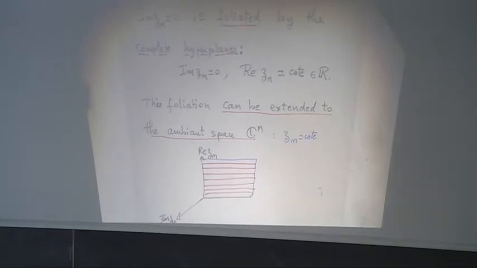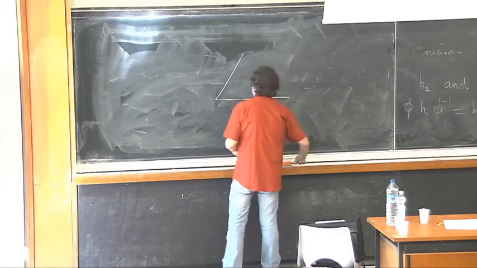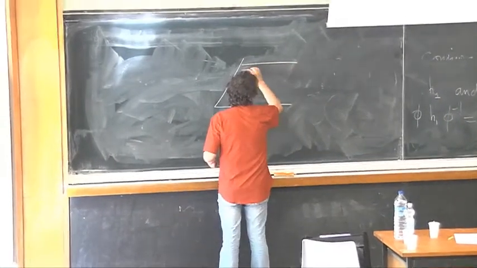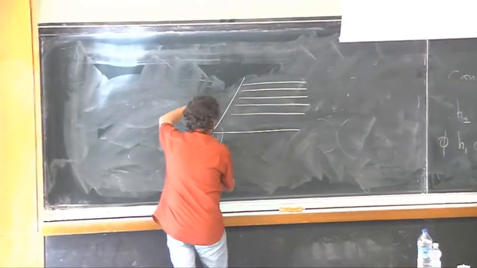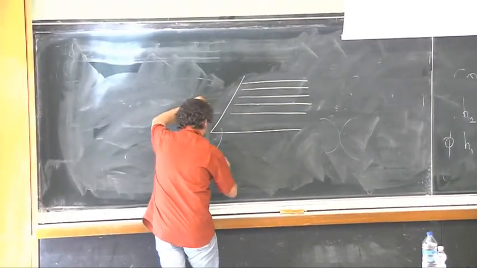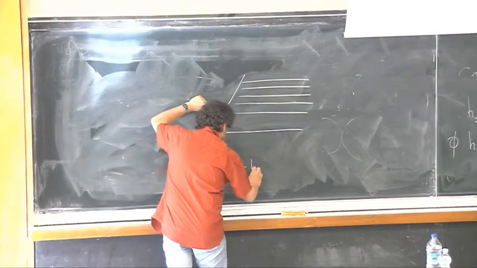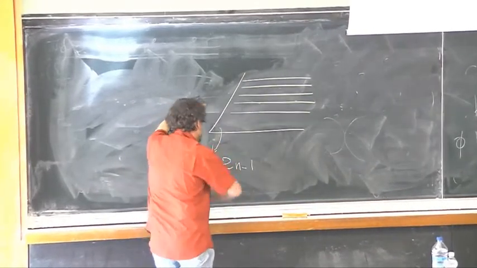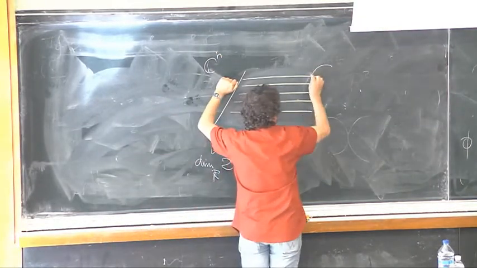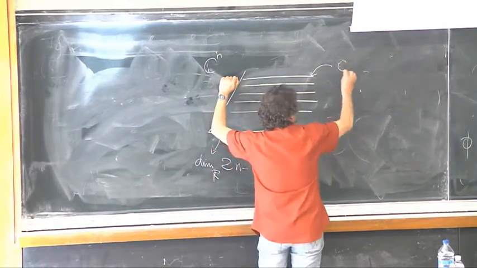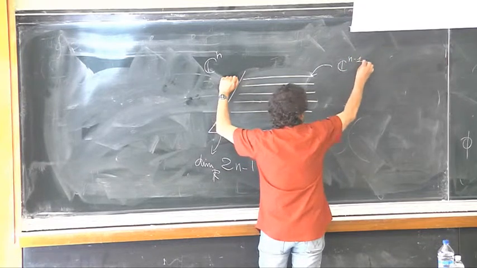So if you have a real hyperplane, of real dimension 2n minus 1, in Cn, you have inside it complex linear hyperplanes of type Cn minus 1.